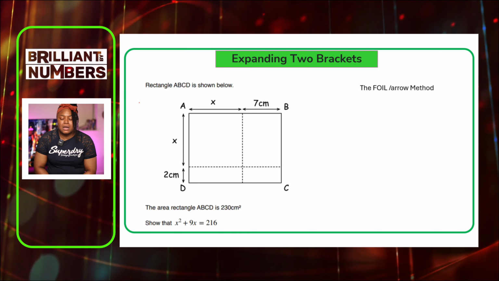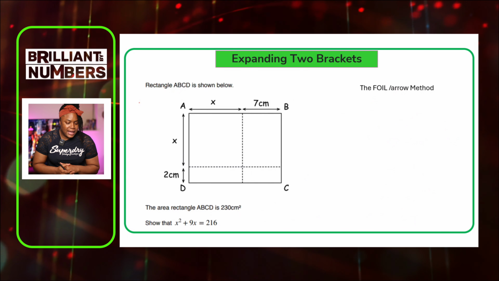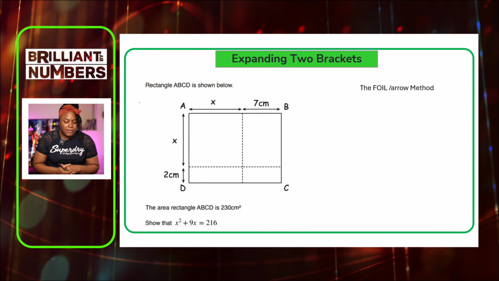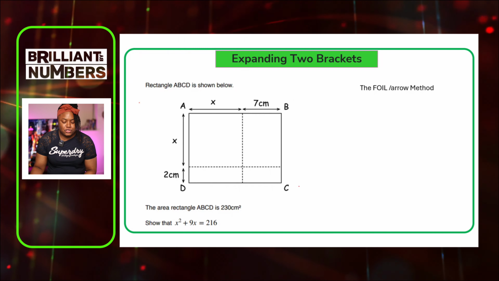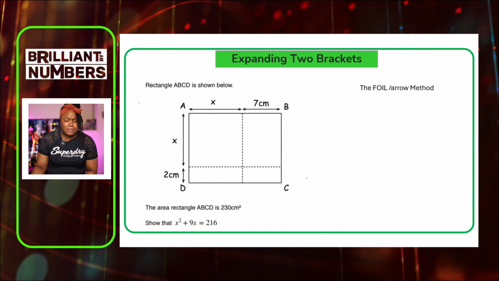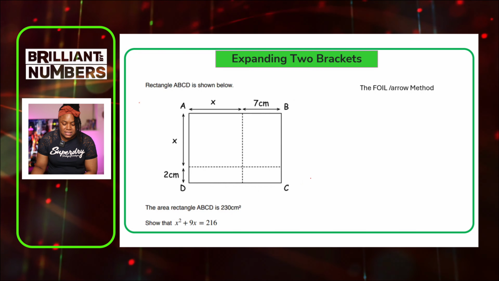So now we do our last question, then our key takeaways. We're told here that we've got rectangle ABCD and the area of the rectangle is 230 centimeters squared. We are to show that x squared plus 9x is equal to 216.